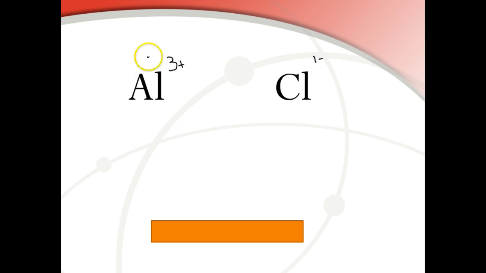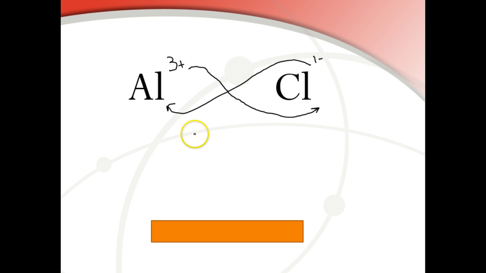The easiest way to do this is the little switcheroo thing, where we make the number associated with the charge the subscript for the other element in the compound. So Al would be 1, and we don't write 1, and Cl would be 3. So AlCl3 would be my compound.